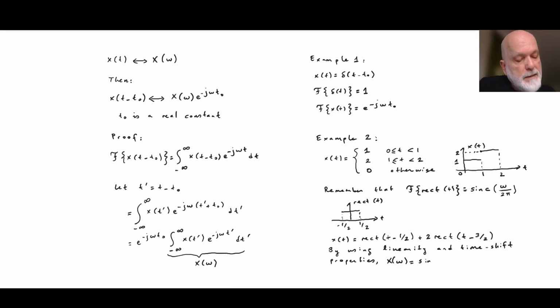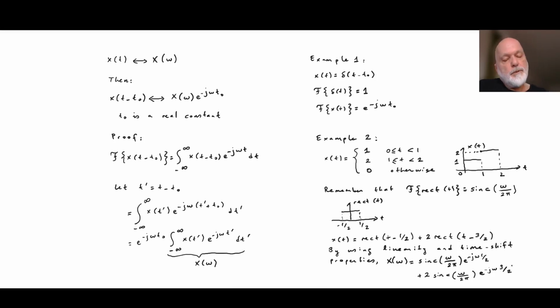So we have sinc of omega over 2 pi, but we have also a time shift, therefore it is e to minus j omega times the amount of time shift, which is 1/2. Plus 2 times sinc of omega over 2 pi, and the amount of time shift is 3 over 2, so we have e to minus j omega 3 over 2.